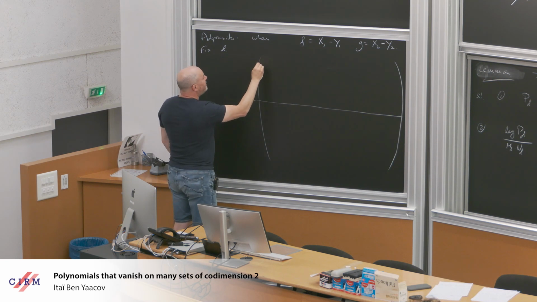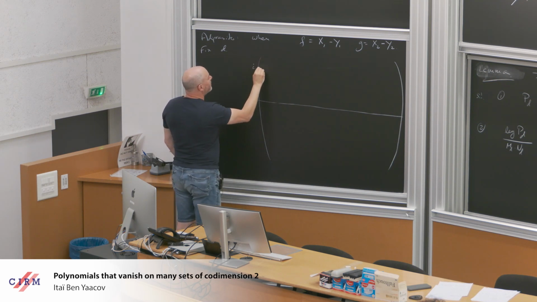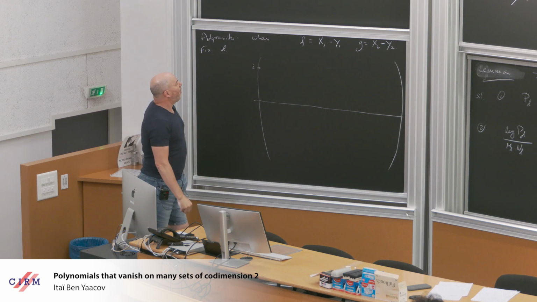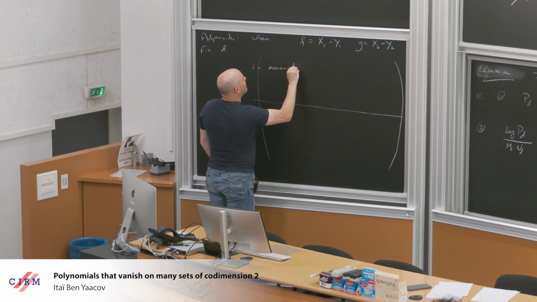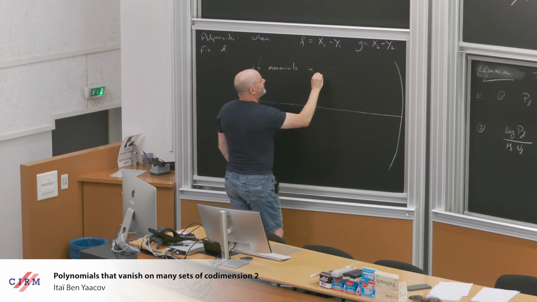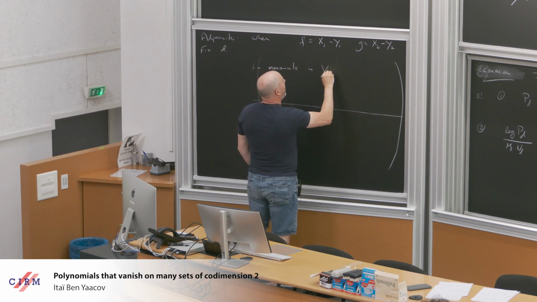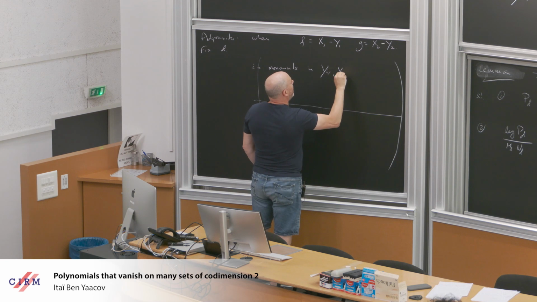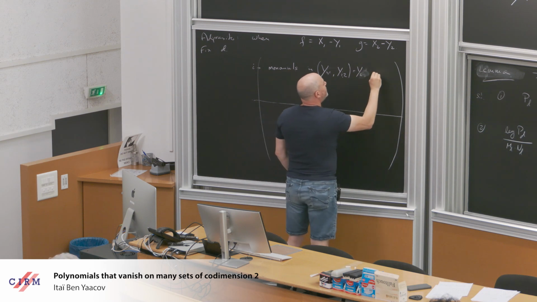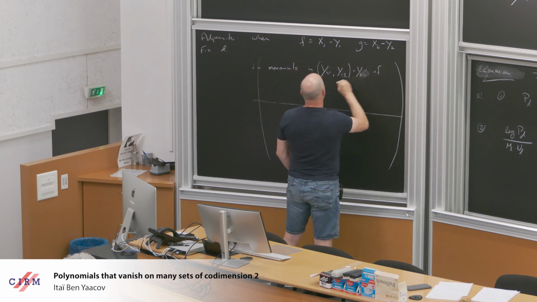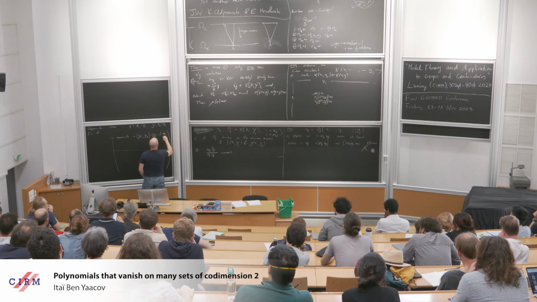Here, if I have index i, I'm going to take all the monomials in y_i, of degree at most d.